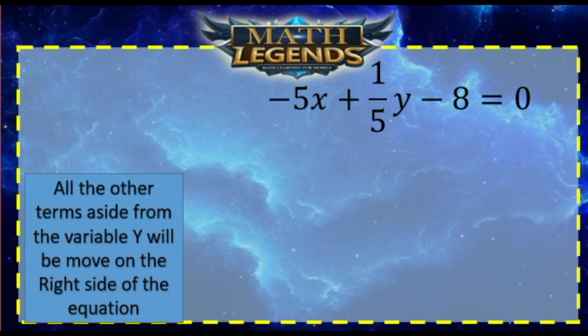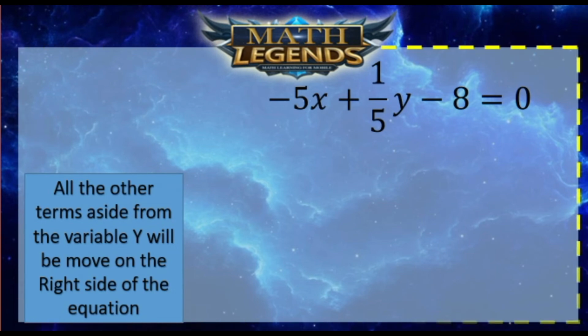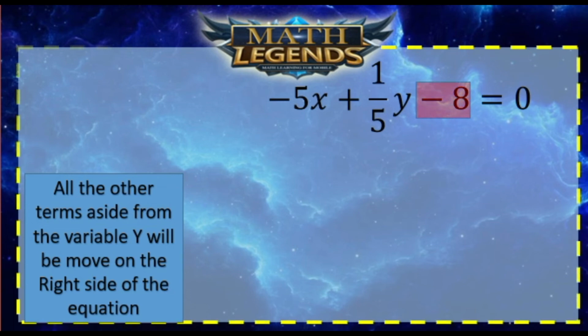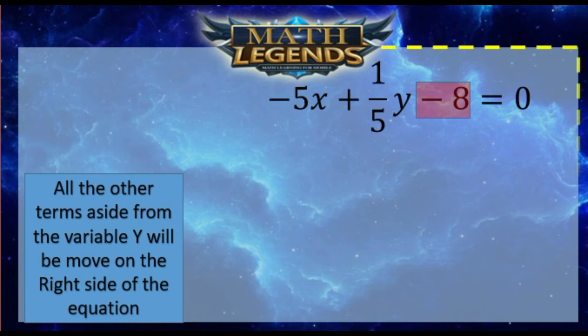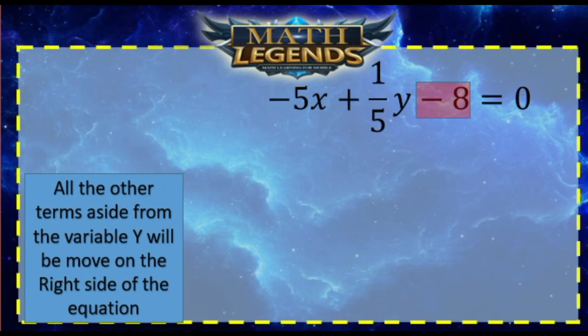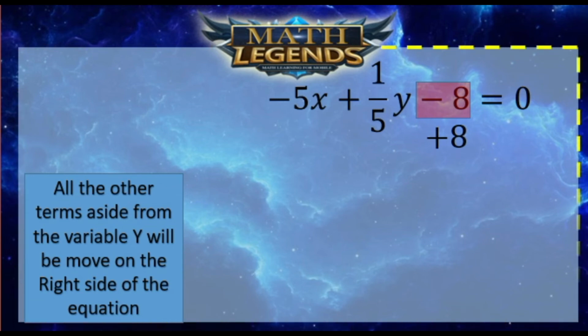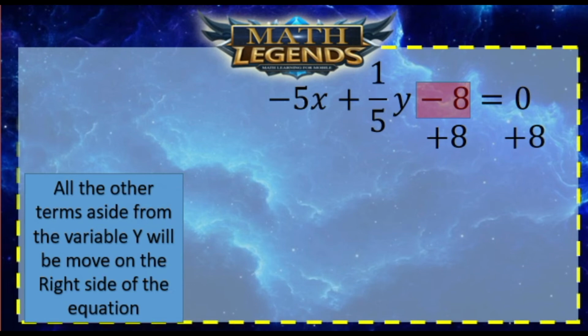Now, all the other terms aside from the variable y will be moved to the right side of the equation. We have here negative 8. In order to move it to the right side of the equation, we're going to add its additive inverse, which is equivalent to positive 8. So if we add positive 8 on the left side, we're going to add positive 8 on the right side.